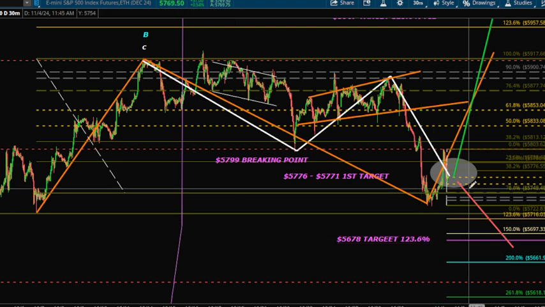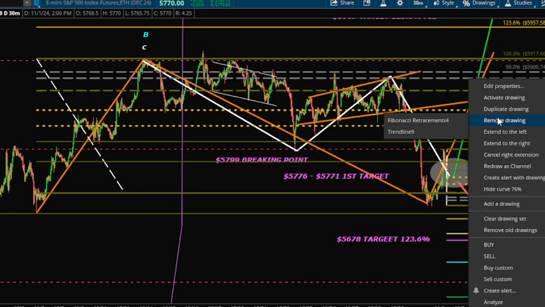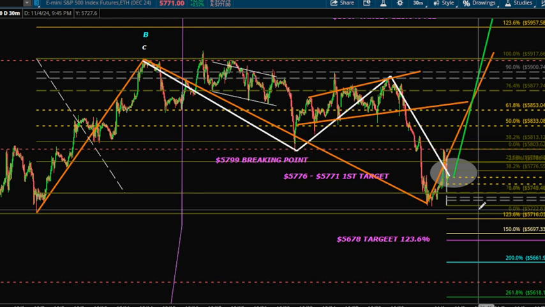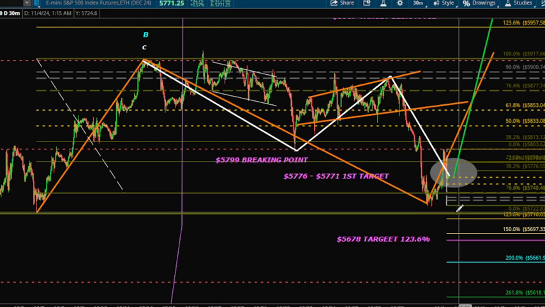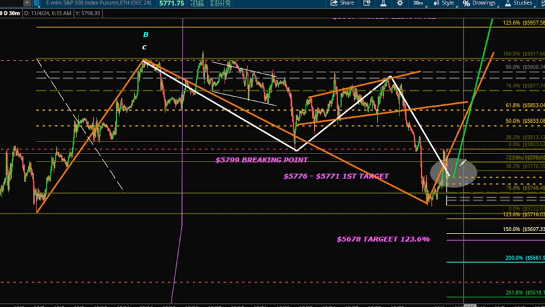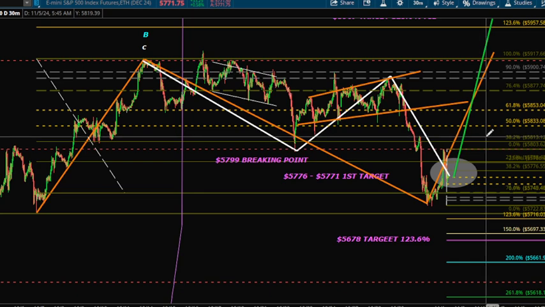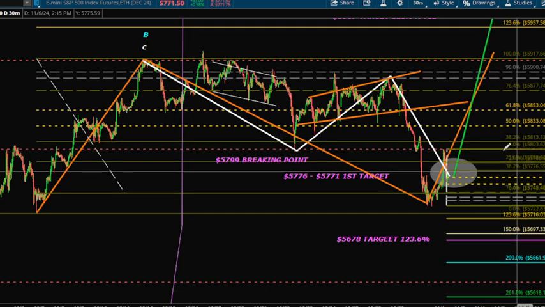Oh, I probably should take this out because I don't think that is in play now. I don't think so. I think we're going up. And then once we hit this area up here, then we can give two different targets.